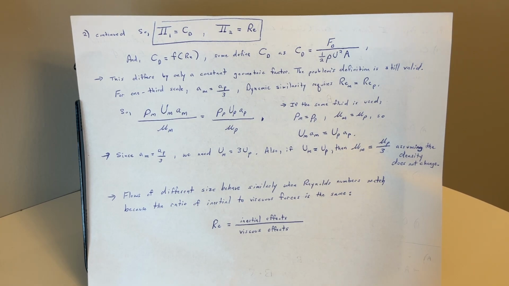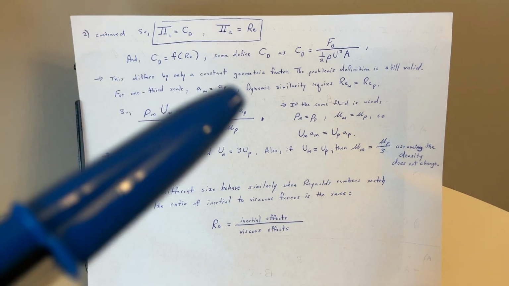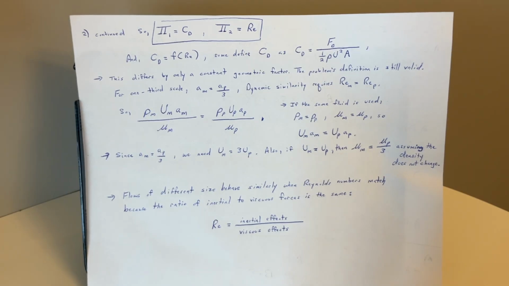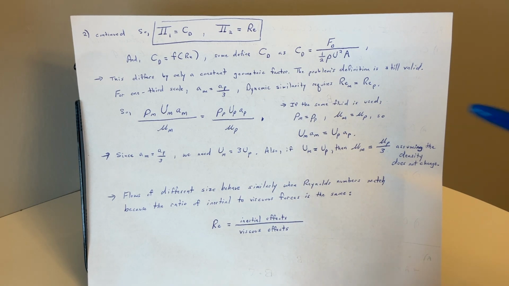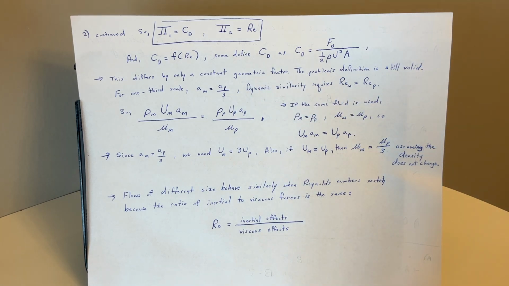Taking that into consideration, sorry about the technical problems, the problem's definition is still valid. For a 1/3 scale, we use a sub m equals a sub p over 3. Dynamic similarity requires Re sub m equals Re sub p.